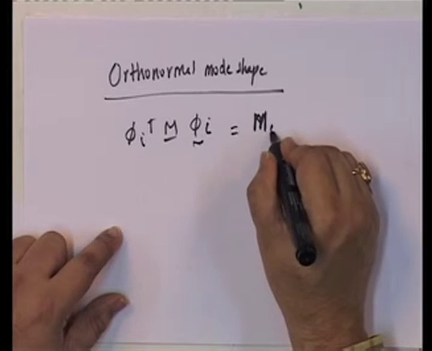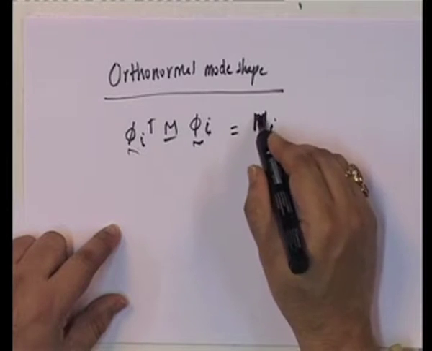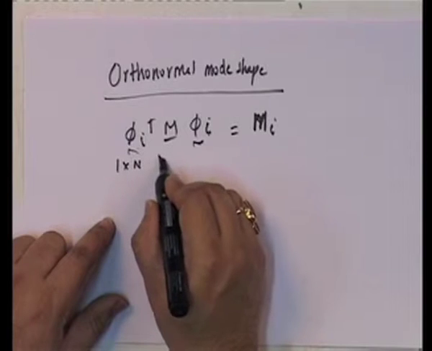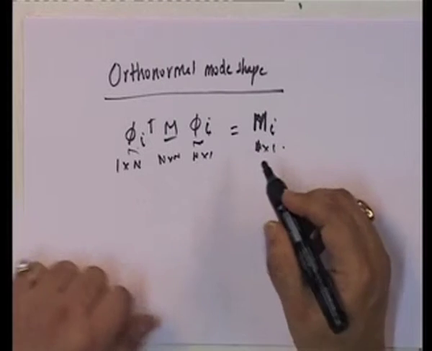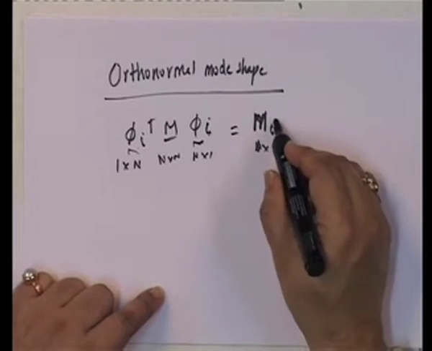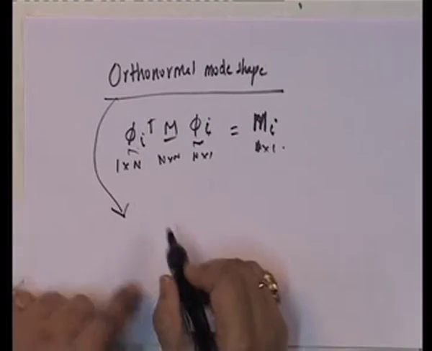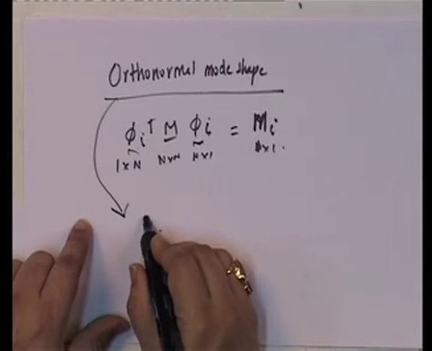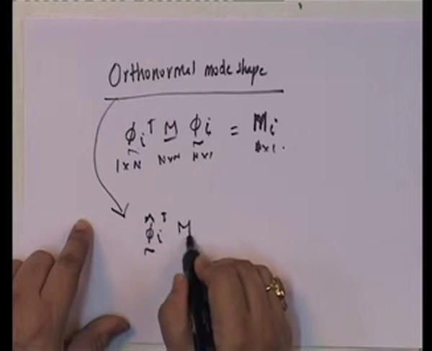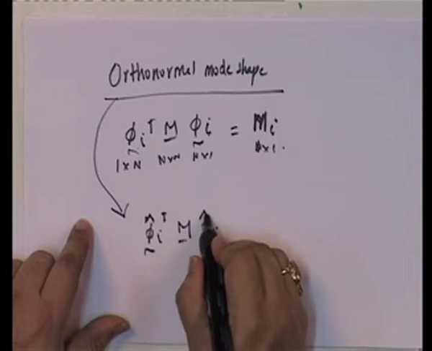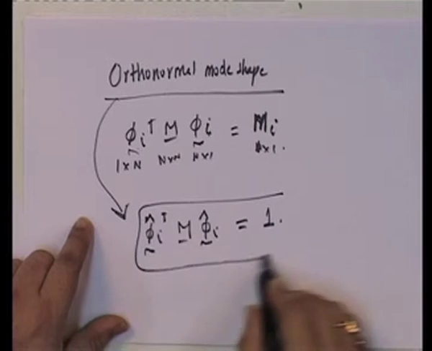Okay. This I will call m i, because after all, since these are dimensionless and this is a mass, it is a scalar quantity. Note that this is 1 by n, n by n, n by 1. So, this is a 1 by 1, this is a scalar. Okay. So, an orthonormal mode shape, which I'll denote by phi i hat, is one where phi i hat transpose M phi i hat is equal to 1. This is the definition.